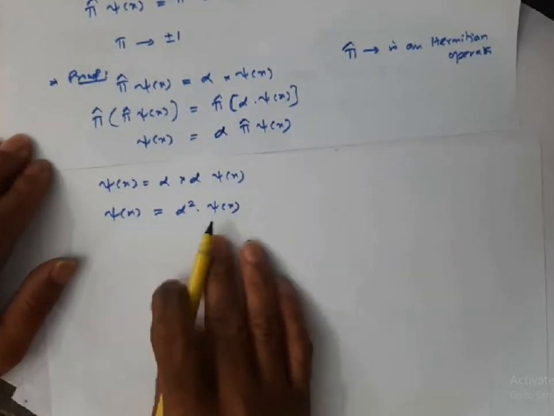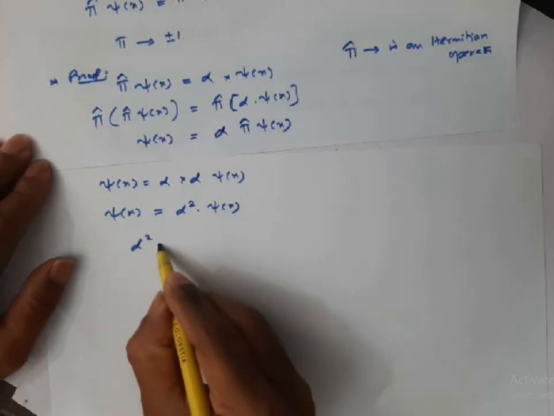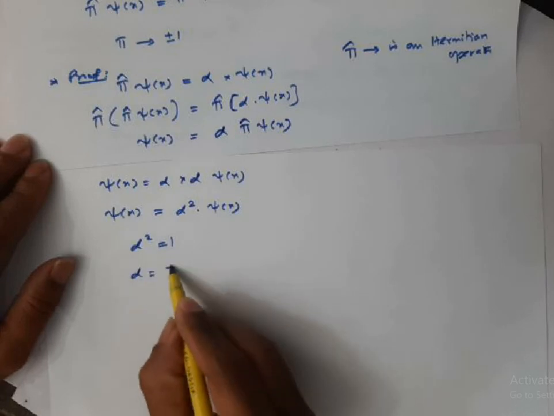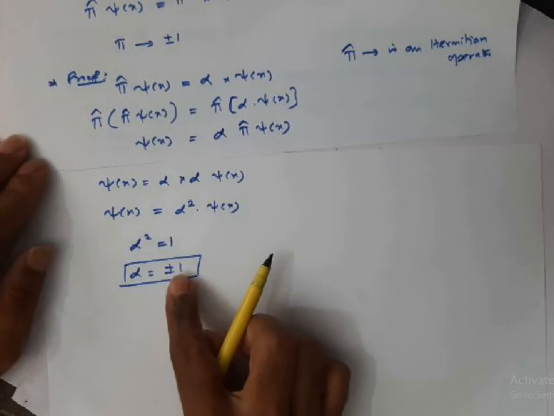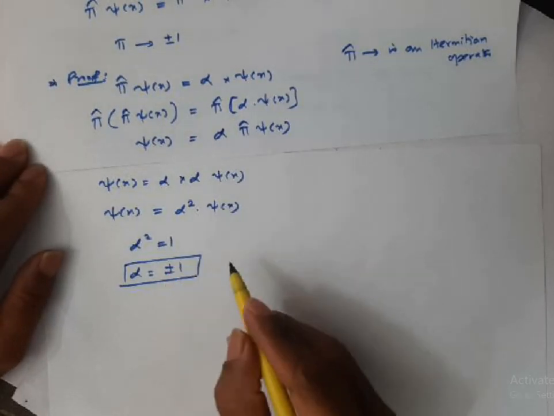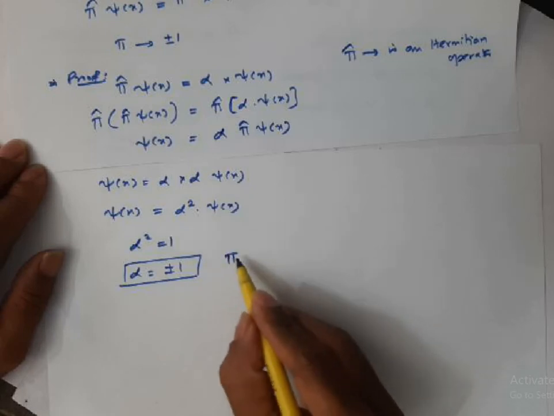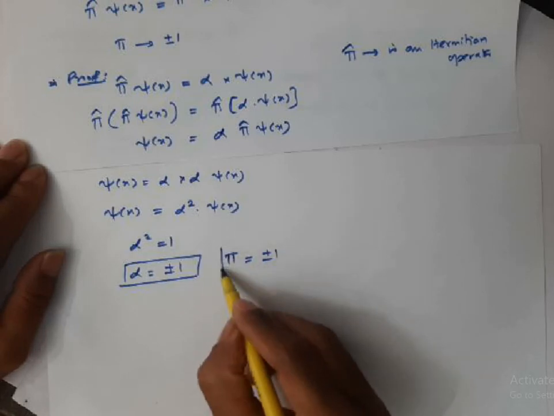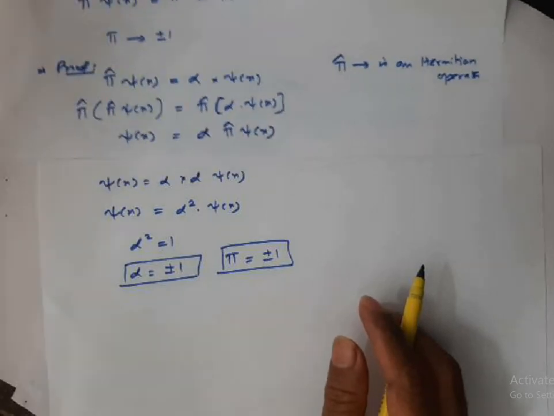Since both sides have psi of x, alpha square should be equal to 1. If alpha square is 1, then alpha is plus or minus 1. So the eigenvalue for the parity operator, which we represent by the symbol pi, should be either +1 or -1. This is the point you should keep in mind.